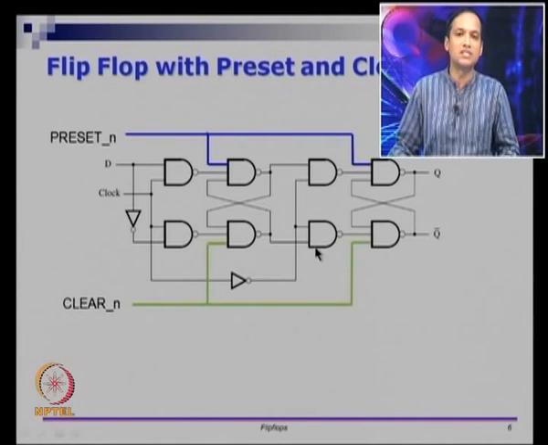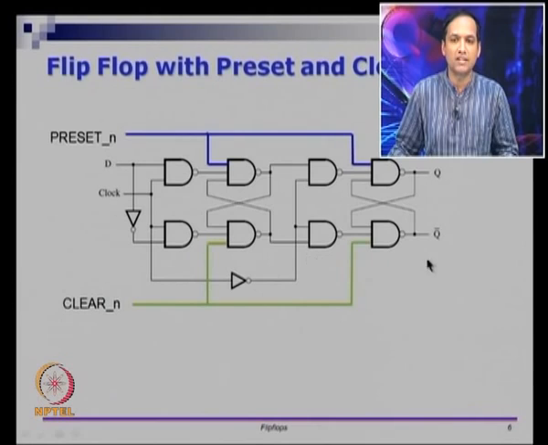So, that would mean it is a gated SR latch. This part is a gated SR latch, this part is also a gated SR latch, and before the gated SR latch there is a common D that is coming to both. So, this part is a D latch. So, you have a D latch followed by a gated SR latch here, alright.